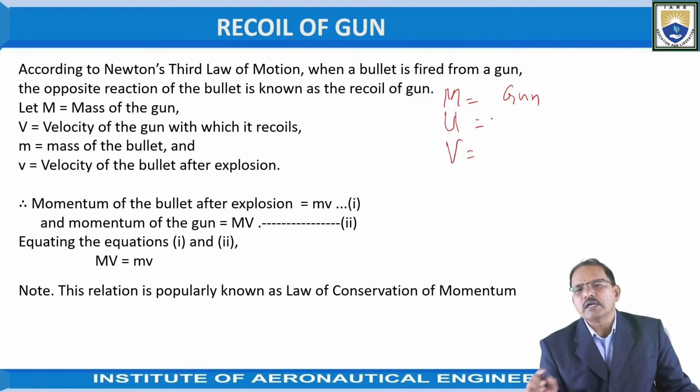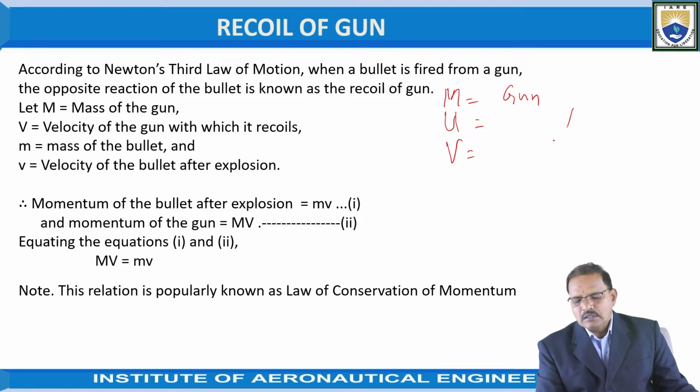Similarly, for the bullet, small m is the mass, u is the initial velocity, and small v is the final velocity, that is, after firing.